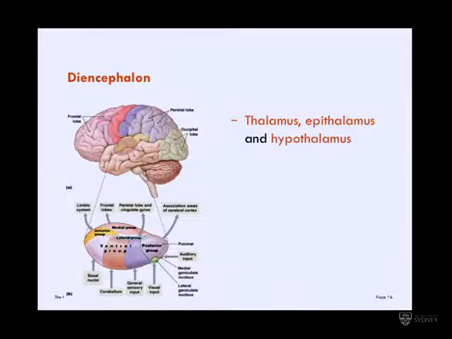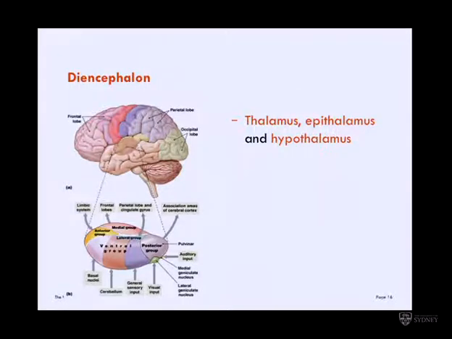The diencephalon consists of these three structures: the thalamus, the epithalamus, and the hypothalamus. As I mentioned before, the thalamus itself is made up of numerous nuclei, groups of cells, associated with very different functions. Okay, so here's the input, as you can see there, and there's your output going to the different systems in the cortex.